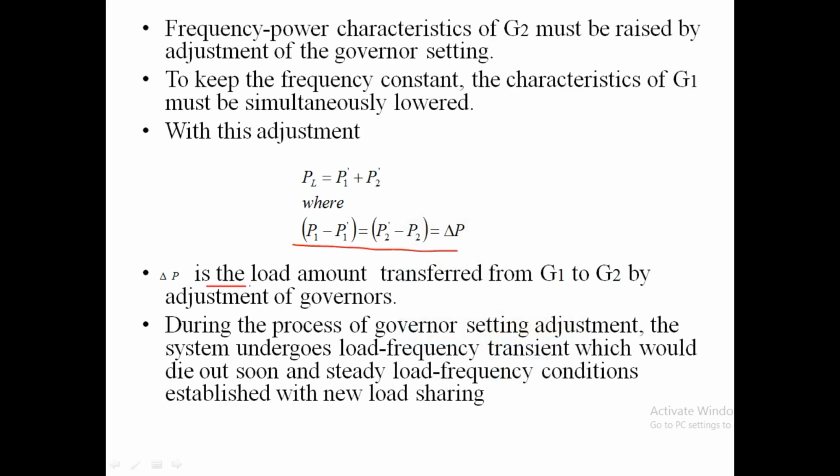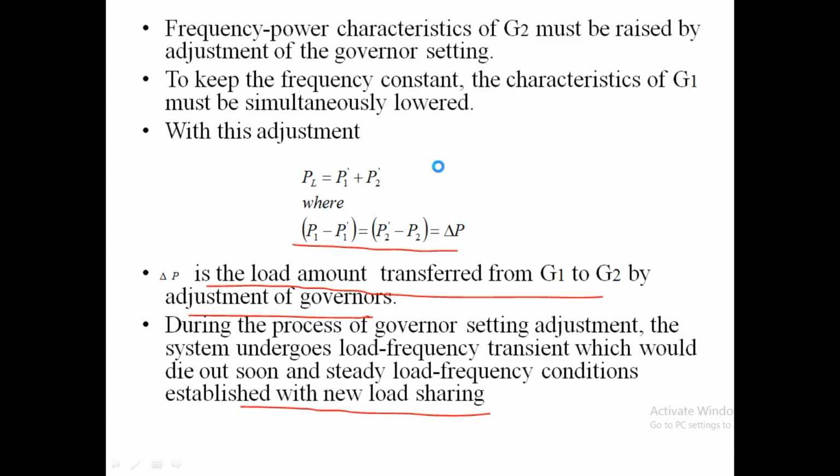This delta P is the load amount transferred from G1 to G2 by adjustment of governors. So that is the difference. During the process of governor setting adjustment, the system undergoes load frequency transient. There may be some variations, but they would die out soon, and steady load frequency conditions are established with the new load sharing. So this is the thing.